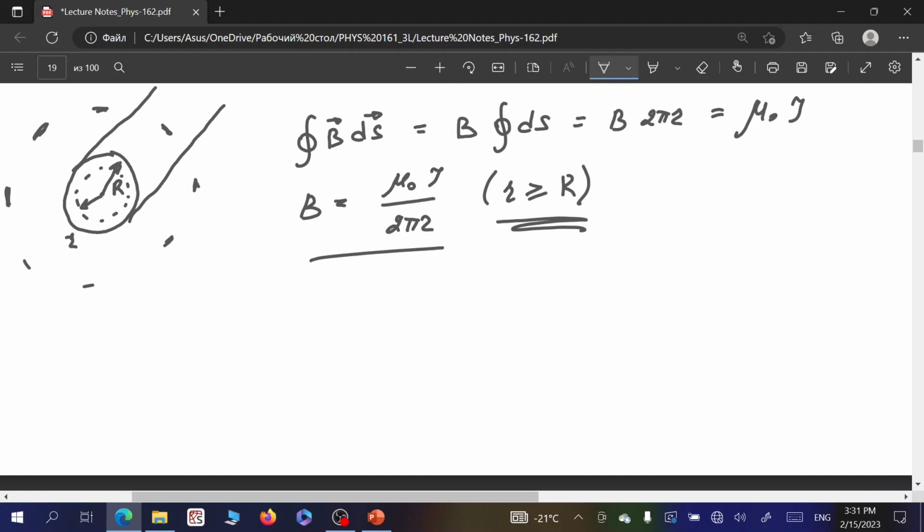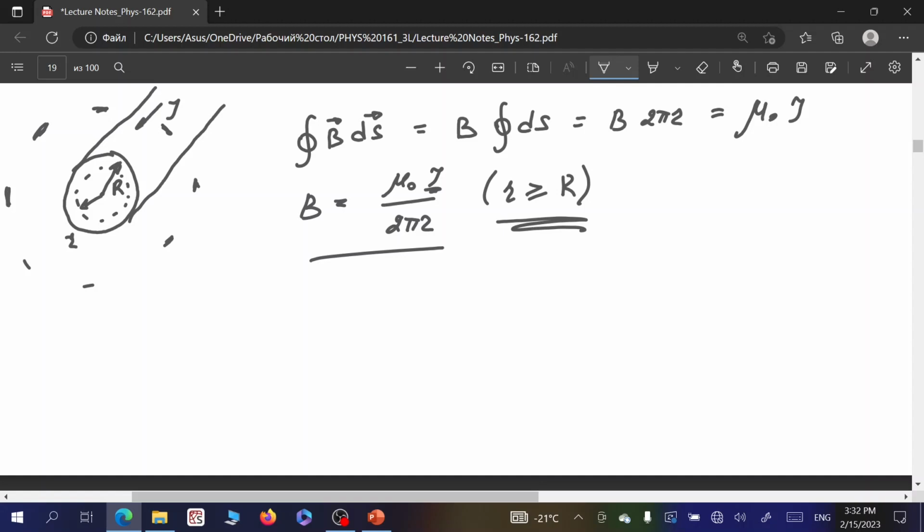So this is some current I, which we used for calculating the magnetic field outside of the conductor. And now we need to determine the magnitude of the electric current which actually flows through the surface of this internal closed loop.